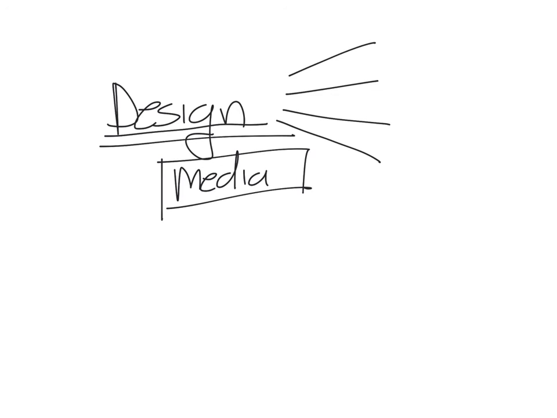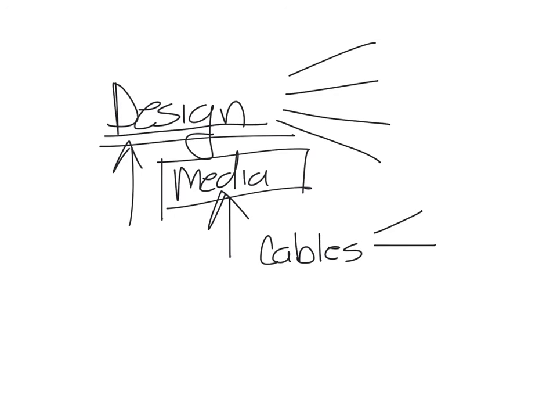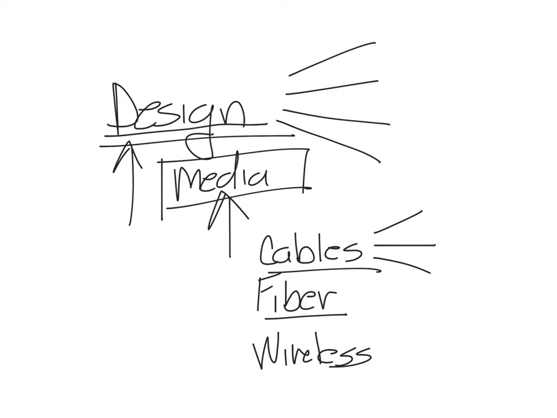So we're going to talk a little more about the design, and then we'll talk about all those specifics about media. We'll talk about cables, you know, the coaxial cable briefly. We'll talk about twisted pair, shielded and unshielded twisted pair. Okay. We'll talk about fiber, how it connects, and then we'll talk about wireless, sending the signals through the air, and those specifics.